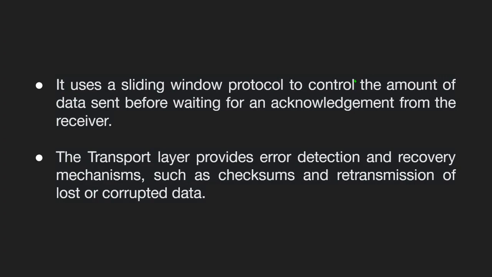This layer can also perform congestion control to prevent network congestion and ensure efficient use of network resources. Many popular applications such as web browsers, email clients, and file transfer protocols rely on the transport layer to ensure reliable and efficient data transmission.